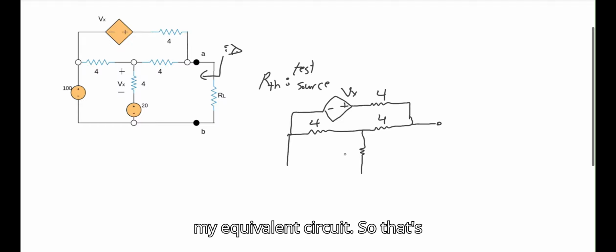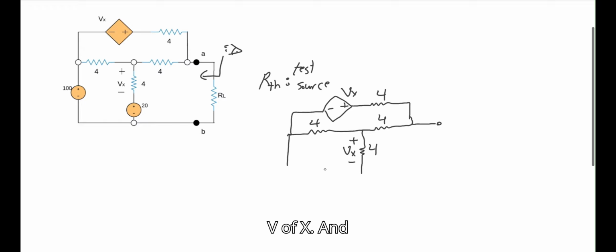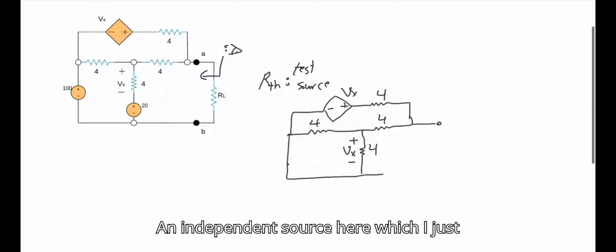So that's another 4, 4. This one is V of x, and there used to be an independent source here, which I just turned off.